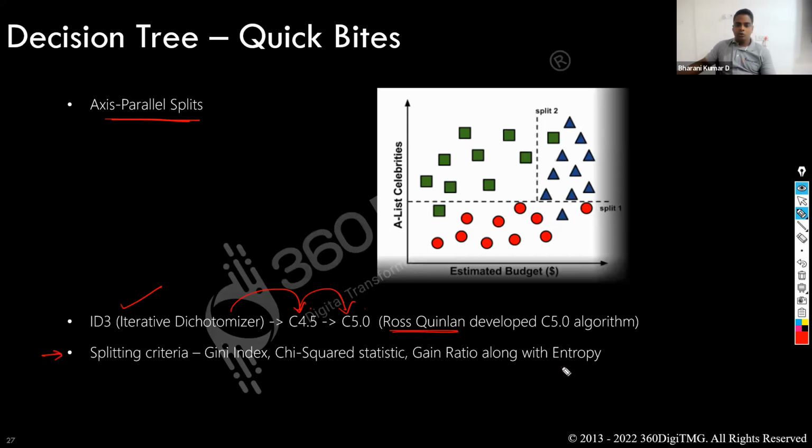And to split, we have used entropy, right, as a thumb rule. Alongside entropy, we also have Gini index. We also have chi-square statistic, and we also have gain ratio. These are the other splitting criteria which are available alongside entropy. It's not just entropy, you also have Gini index, chi-square statistic, and gain ratio.